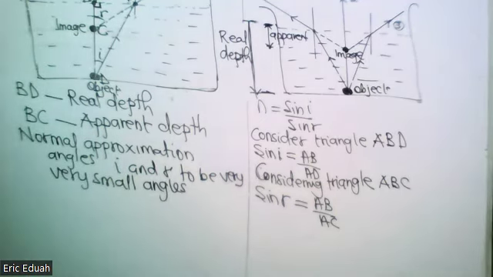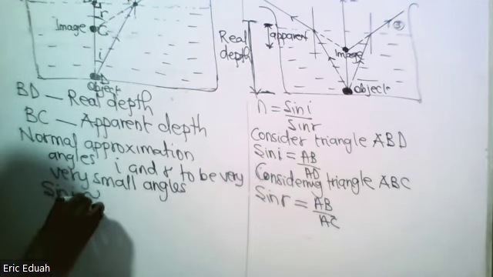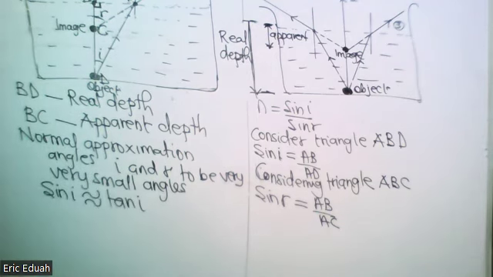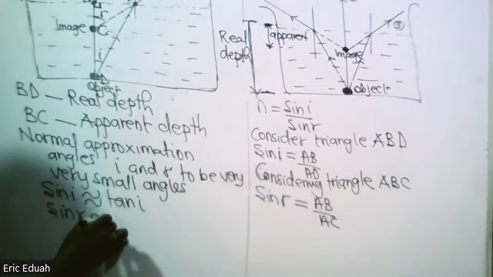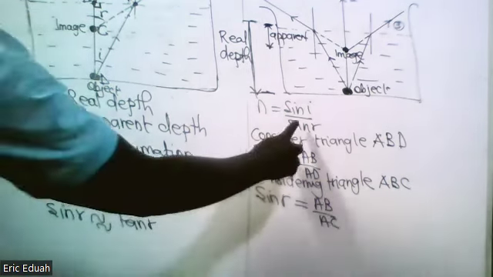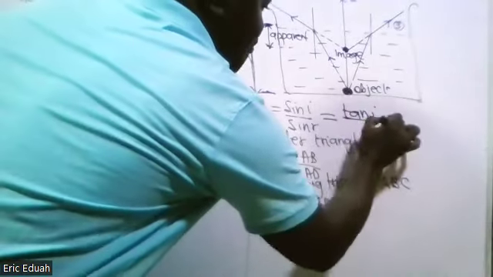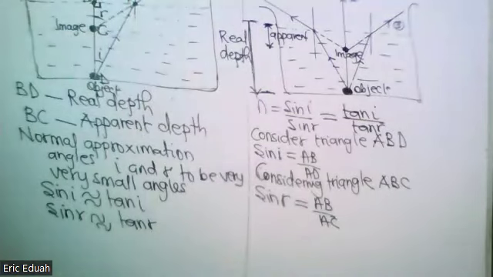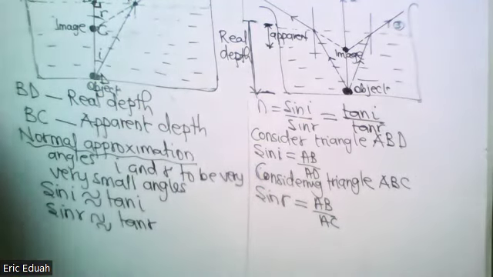If we take I and R to be very, very small angles, then sine I is approximately equal to tan I, and sine R is approximately equal to tan R. So instead of sine I over sine R, we will equate this to tan I over tan R. This is because we are considering normal approximation where I and R are very, very small.